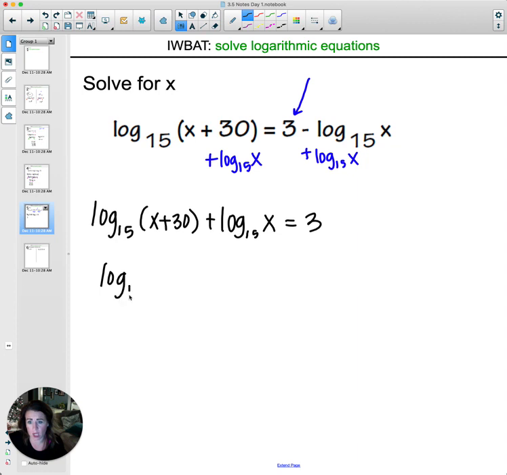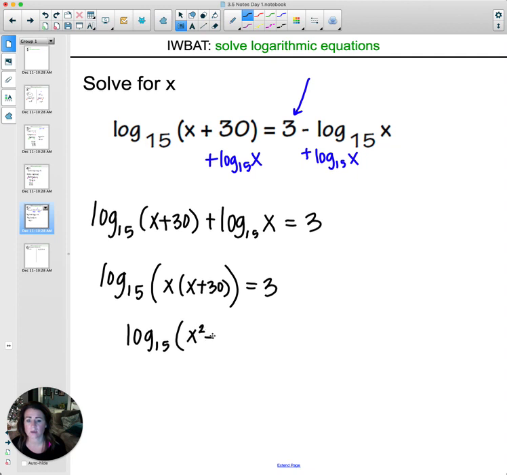So we're going to have log base 15 of x times x plus 30 equals 3. So that will get those logarithms into 1. And obviously you can simplify this inside. So x squared plus 30x.